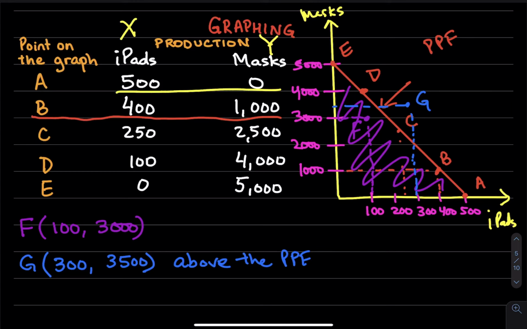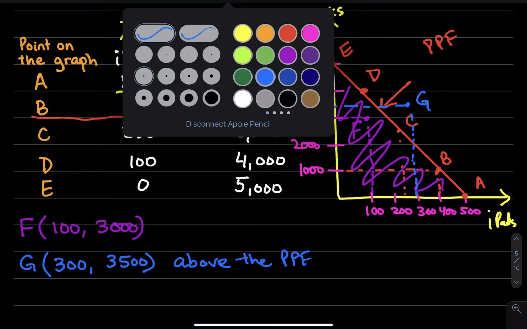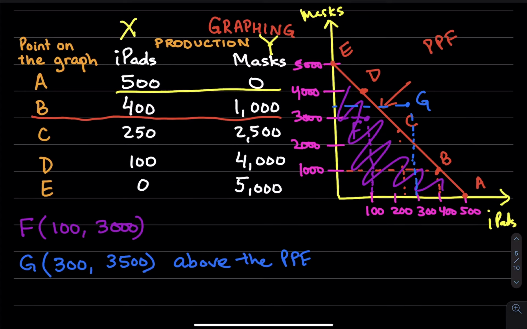And this is going to require many more hours than we have for production, many more hours than 50,000. So let's try to write this down. A point like F is below or under the PPF. And a point like G is above the PPF.